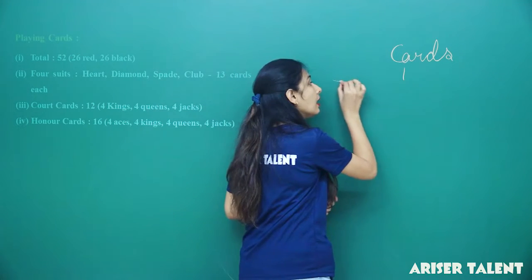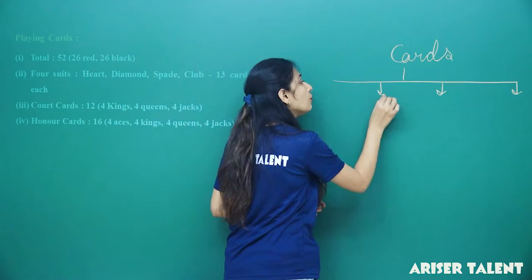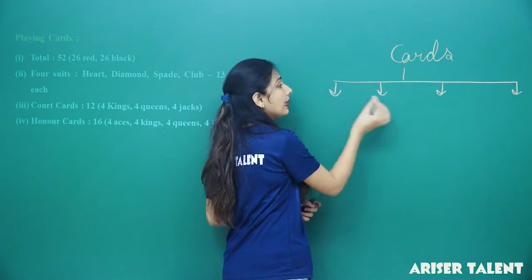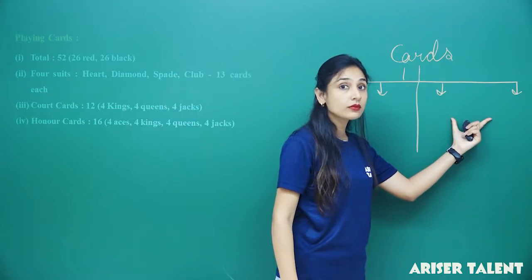So cards are basically 4 suits, 2 reds and 2 blacks.